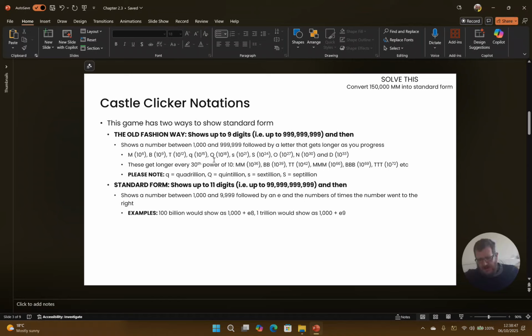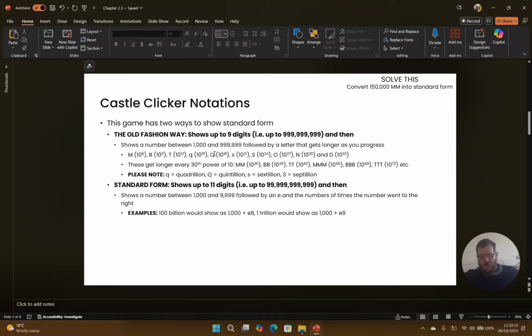Then you've got the notes of what each one indicates. So lowercase q would be quadrillion, capital Q quintillion, lowercase s sextillion, uppercase S septillion.